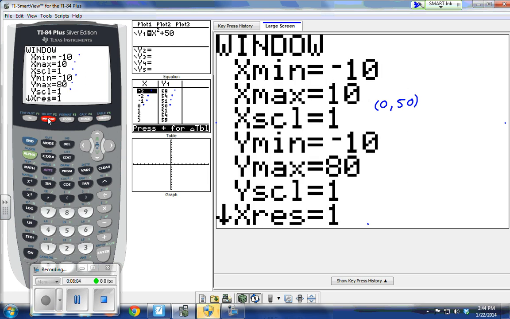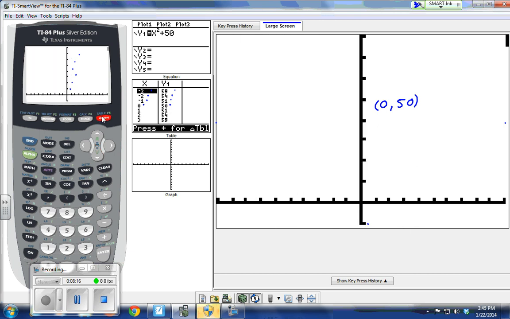Let's make those tick marks 10 units apart. So our y scale, instead of 1, we'll make it 10. And now, enter graph. And now we can see these are 10 units apart. There's 10, 20, 30, 40. So this graph crosses the y-axis where we wanted it to. So the scale is correct.